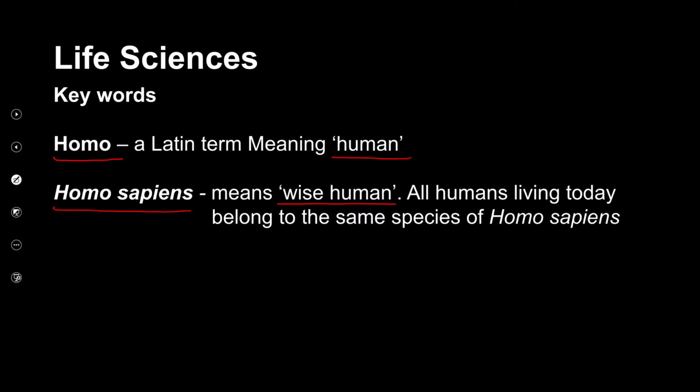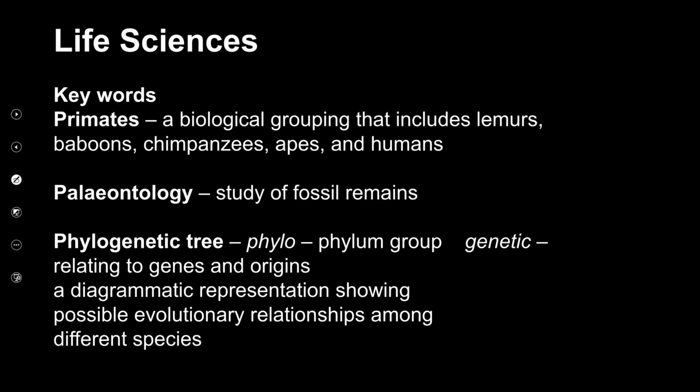So all extant humans today belong to the same species, known as Homo sapiens. Then primates. When we did classification, we saw that it's a group of organisms that includes lemurs, baboons, chimpanzees, apes, and humans.